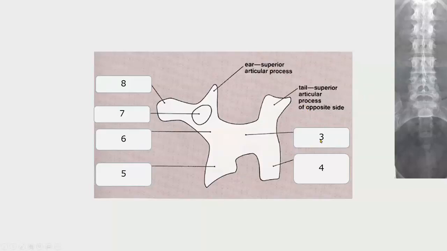What do you think three is? What is posterior to the pars? Body. Lamina. Lamina. That would be the lamina. The lower leg. Well, if this is the superior, this would have to be the inferior articular process of the opposite side.